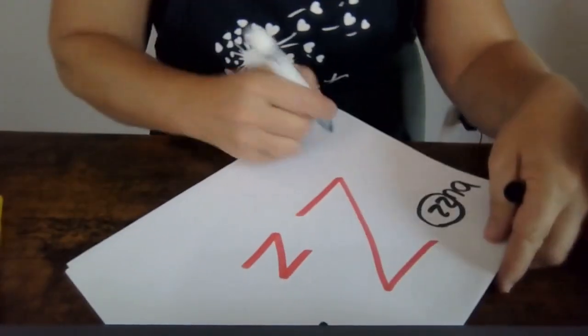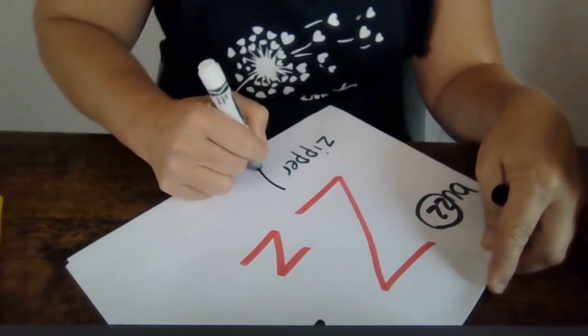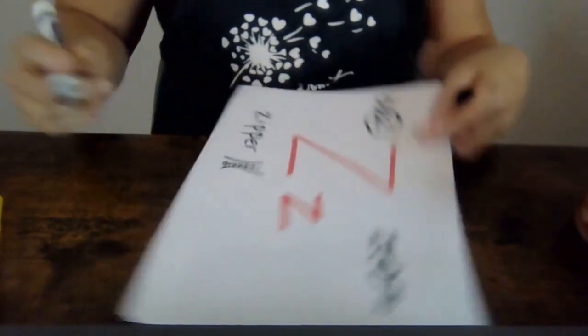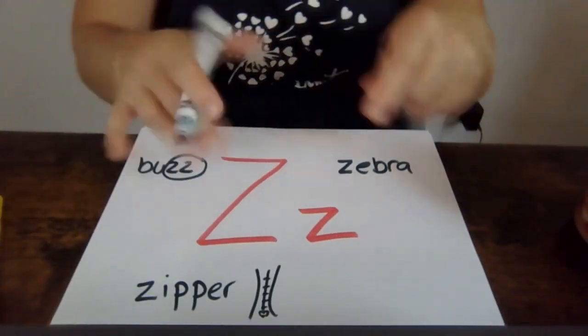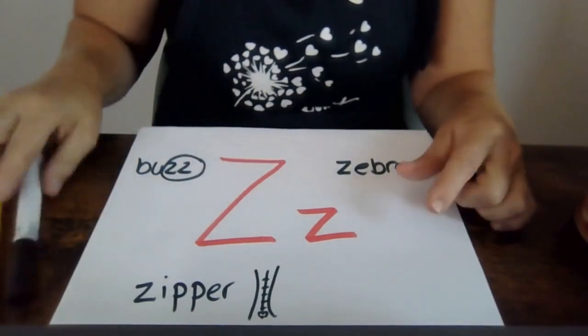I know. Zipper. There's my zipper, and there's the toggle at the end. All right, see if you can brainstorm a couple more, and make sure you add a picture and make your Z info board super colorful and interesting.